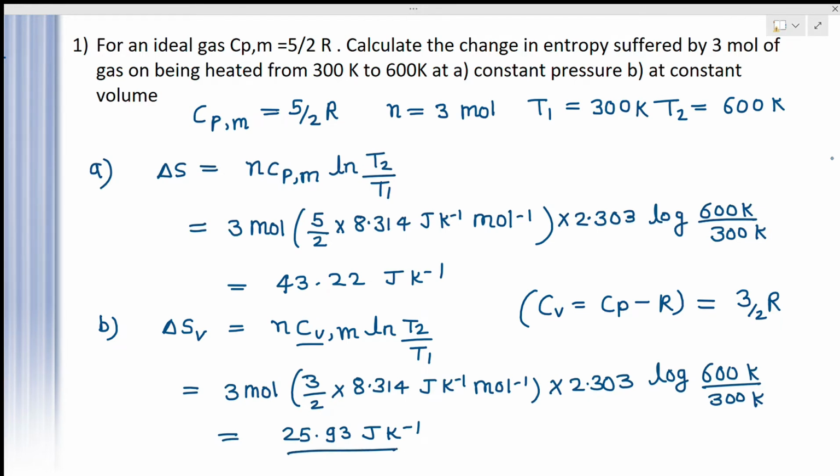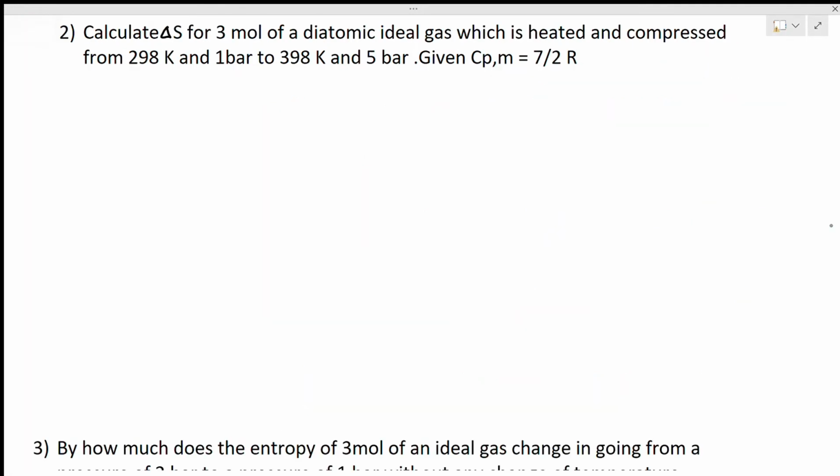Now see the next question. Calculate del S for 3 moles of a diatomic ideal gas which is heated and compressed from 298 Kelvin and 1 bar to 398 Kelvin and 5 bar.